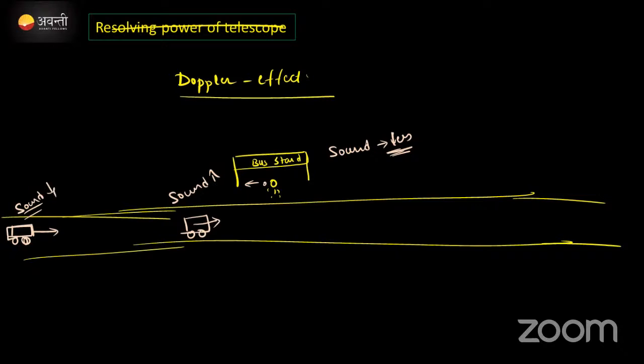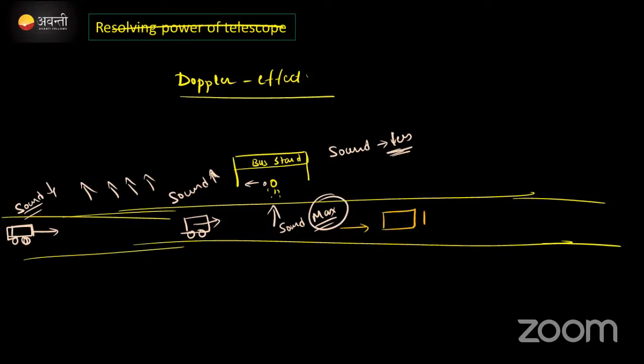When it is approaching towards you, the sound value क्या हो रहा है? Every point increase हो रहा है. When it is coming near your point, here sound value क्या होता है? बहुत ज्यादा होता है, maximum होता है. Correct ना? Here maximum. After then, bus to the stop नहीं होता है. It will start to move further away in this direction.